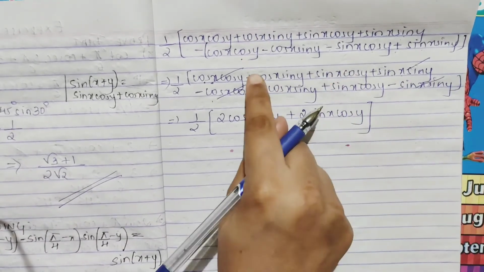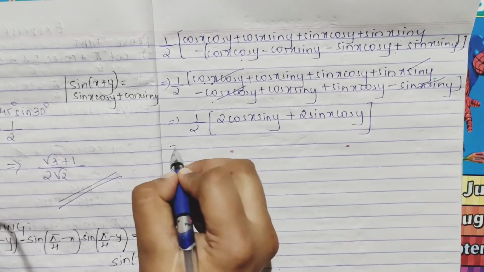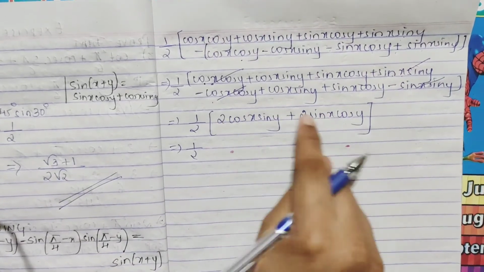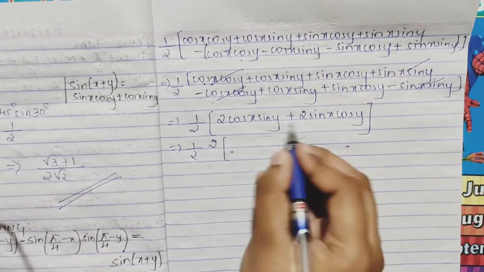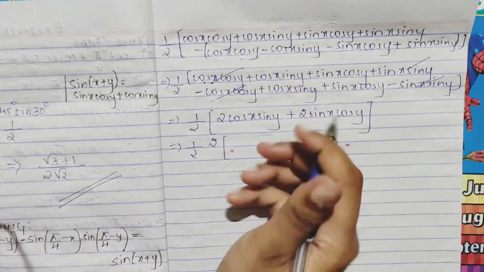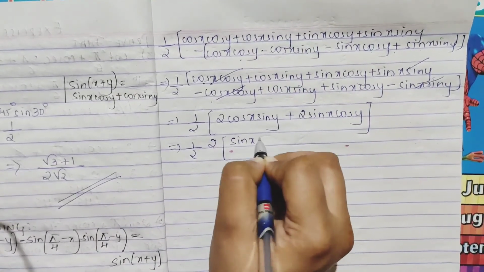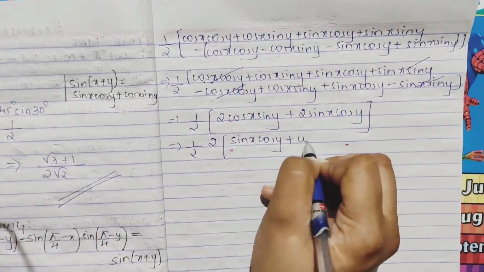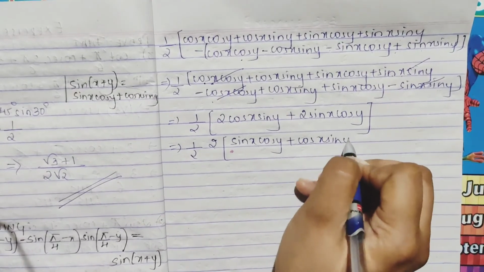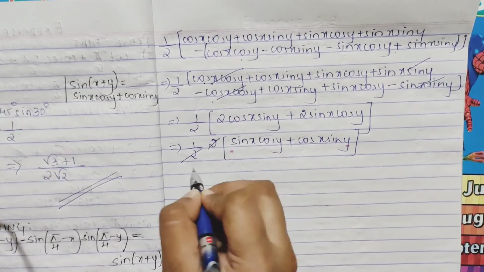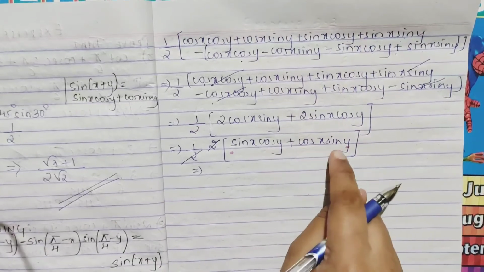From here you can see, 1 plus 1 is 2, 1 plus 1 is 2. From these both I can take 2 common. I'll be left with what? This first I am writing, sin x cos y plus cos x sin y. You'll be left with this. The two ones cancel. I have sin x cos y plus cos x sin y.